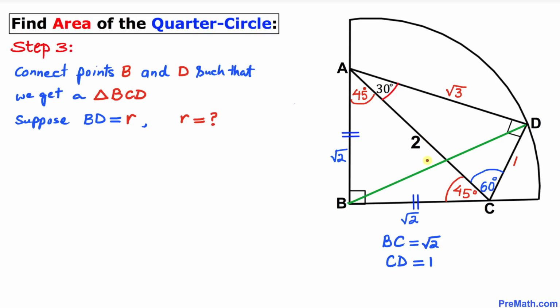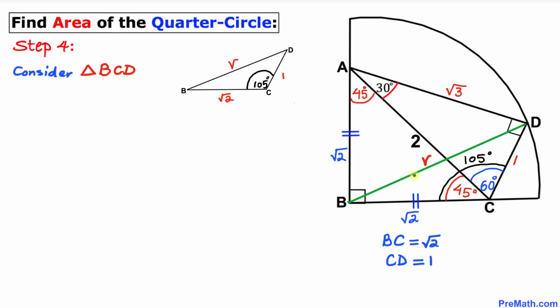Let me call this radius r, and we are going to find the value of r now. Furthermore, this whole angle C is going to be the sum of these two angles, 45 plus 60, which is going to become 105 degrees.